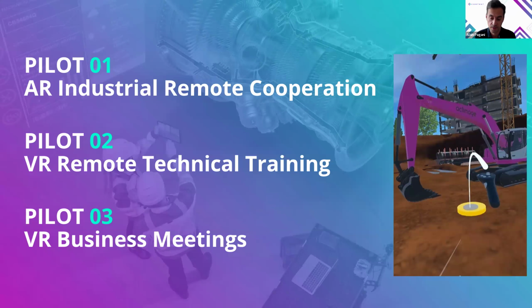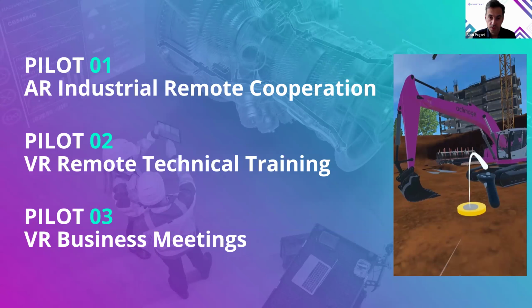So you have one trainer that can supervise multiple trainees that evolve in a virtual environment to learn something. And the last one is an extension of classical business meetings that could happen even on a classical video conferencing system. But we project this into a VR session where people actually virtually sit around at the same table. They can see each other, they can see the avatars, and they can exchange information.